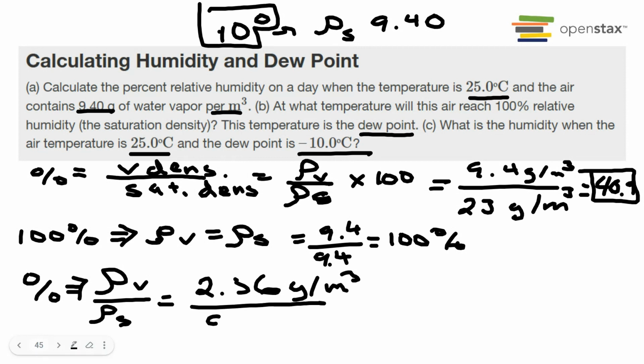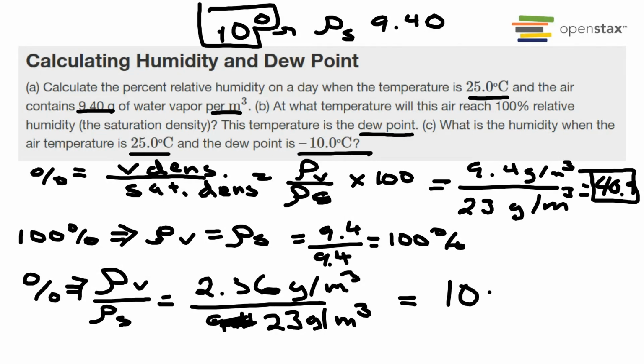And then over here, this is going to be the 23, because that's the maximum saturation I can have at 25 degrees Celsius. Okay? So then what is that relative humidity? About 10.3%. Okay?